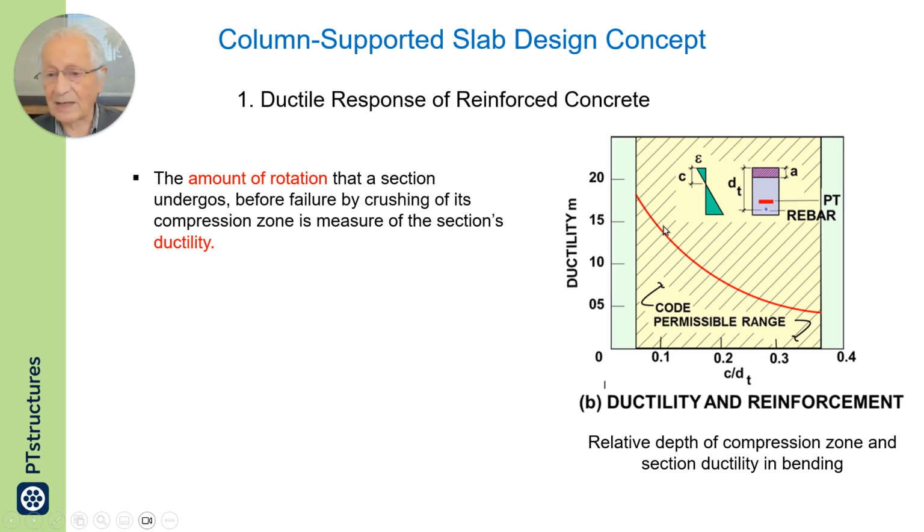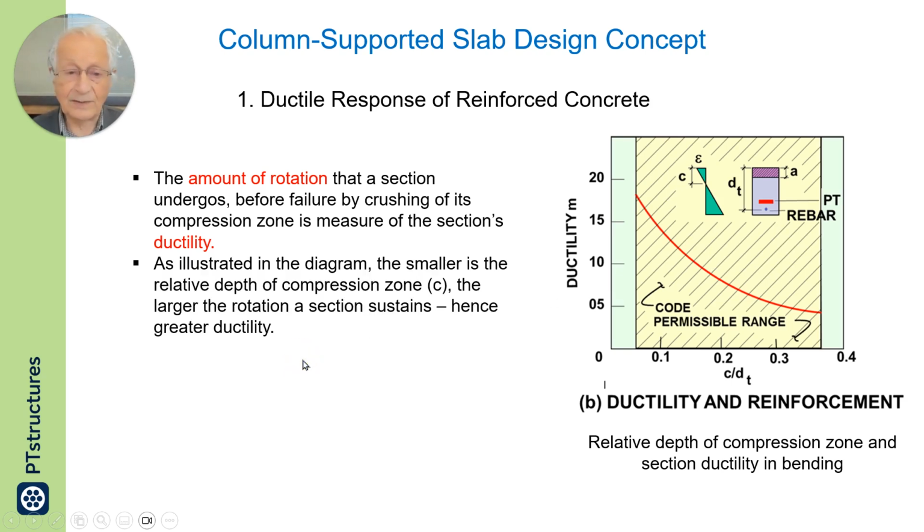So you will have certainty that your design will be within the ductile limit of the code. As illustrated in the diagram, the smaller the relative depth of compression zone, the larger the rotation of the section.